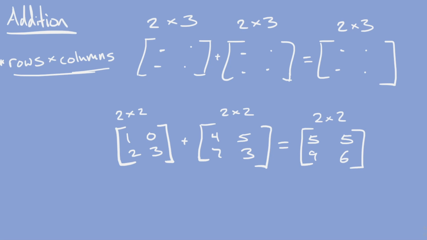And maybe if we extended this out a little bit, got rid of this, and added an extra row, if we wanted to add these together, we would need to be using this value, but you can see this value doesn't exist because this matrix is too small.